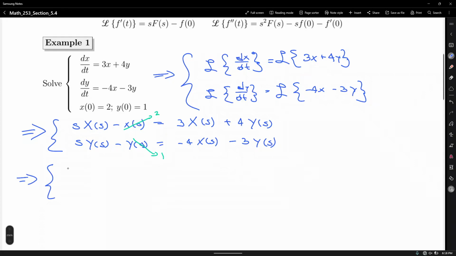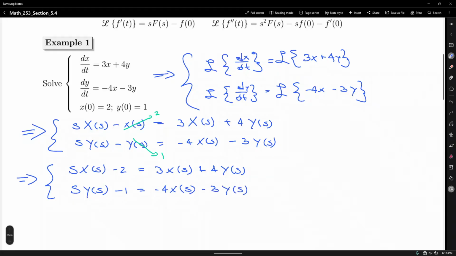So this would be s X(s) minus 2 equals 3 X(s) plus 4 Y(s). And then s Y(s) minus 1 equals negative 4 X(s) minus 3 Y(s).